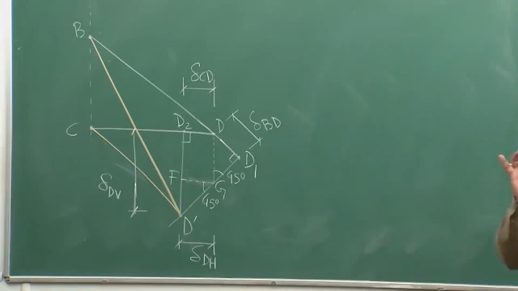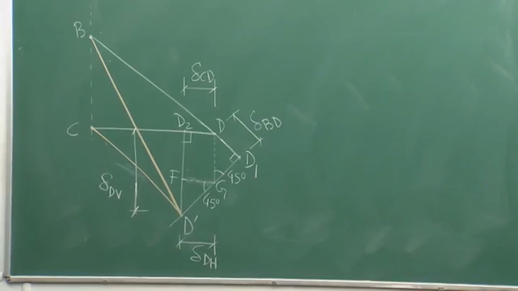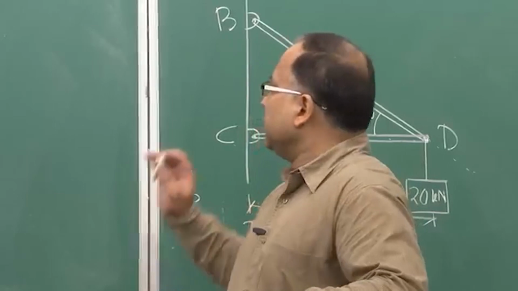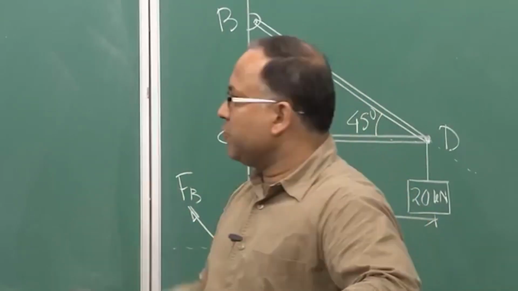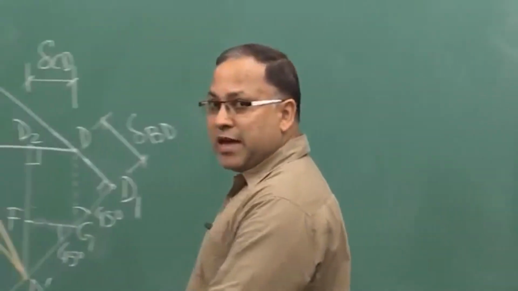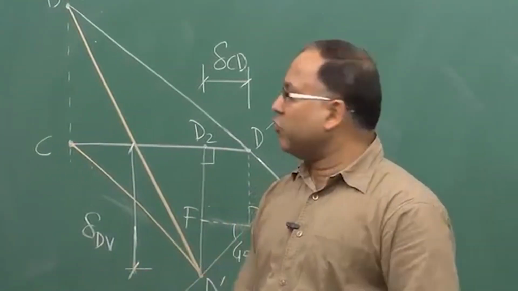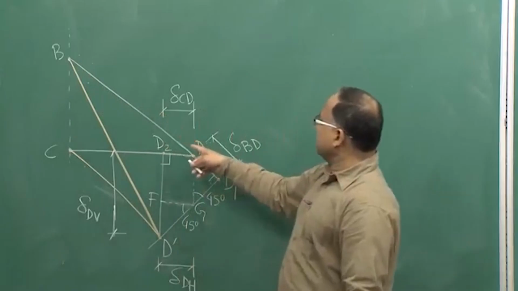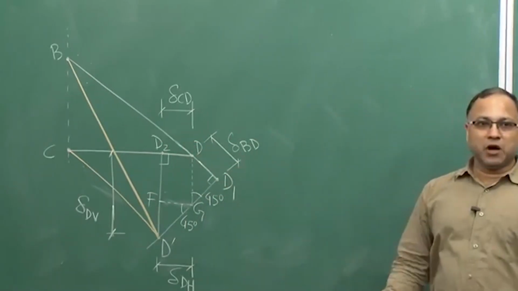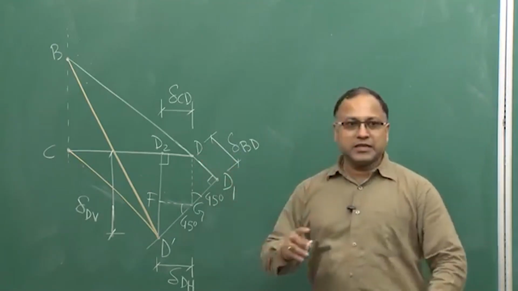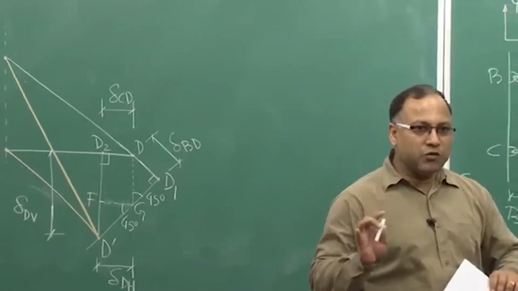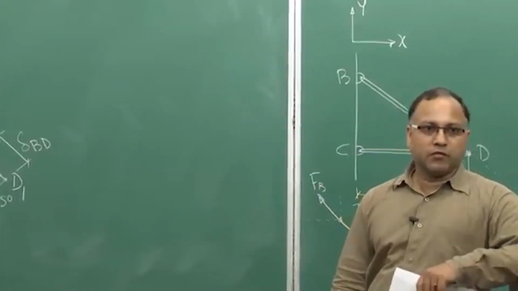If BD and CD are not making this frame, or they are free to deform, then BD, due to the action of FBD, that is the member force, will be elongated up to BD1. So, this distance from D to D1 is nothing but the elongation delta BD, whatever we have calculated.